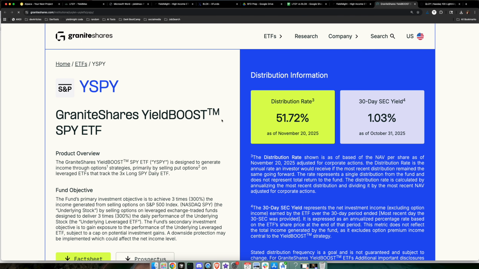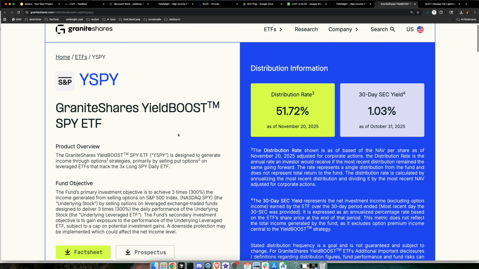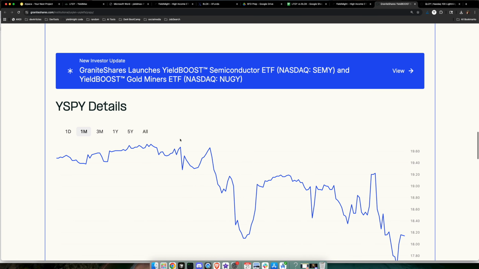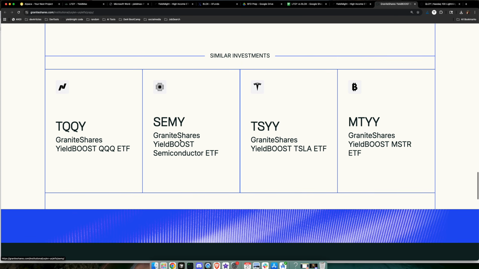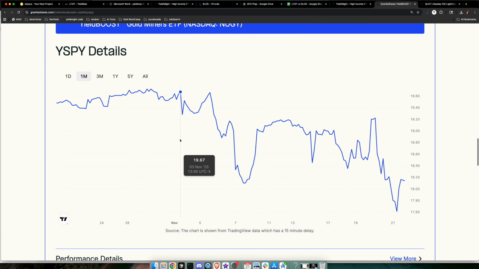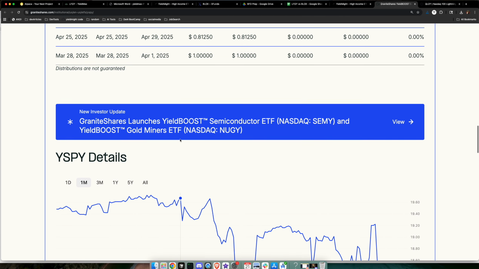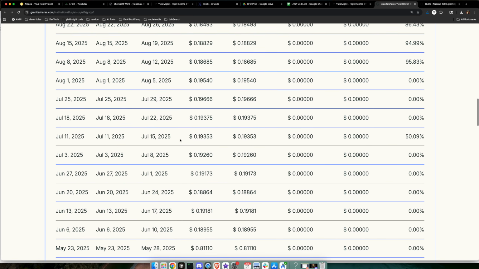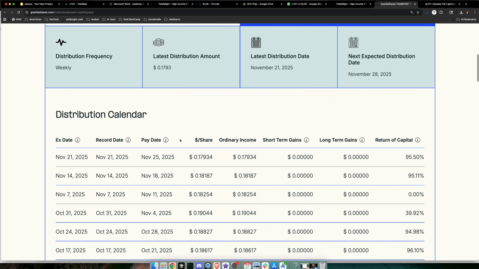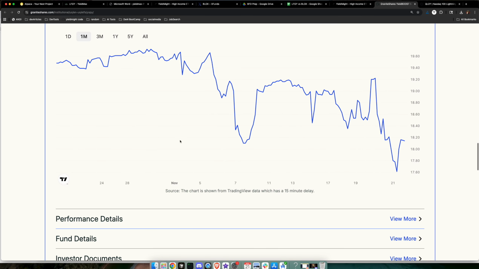What is the underlying for this? Is it UPro? It's stuff I would do if I had enough money to do the actual options wheel. I just don't have enough money to do it and do it effectively. And this is the distribution calendar, yes.